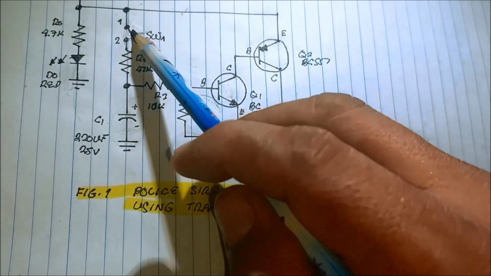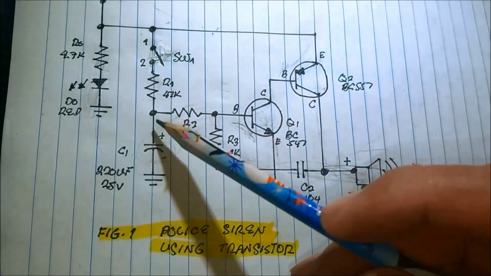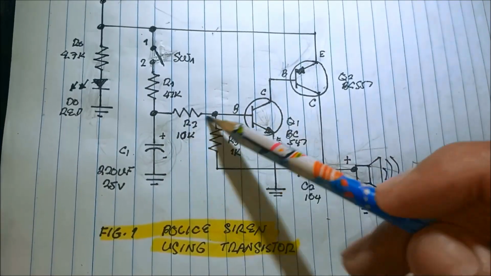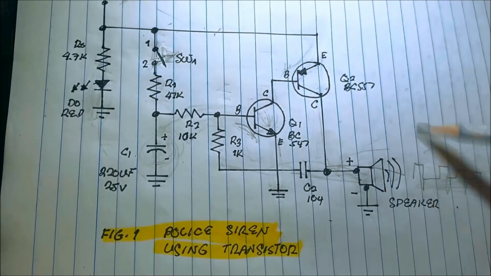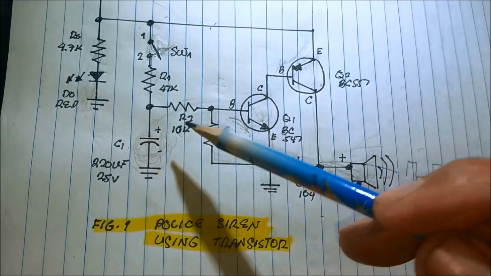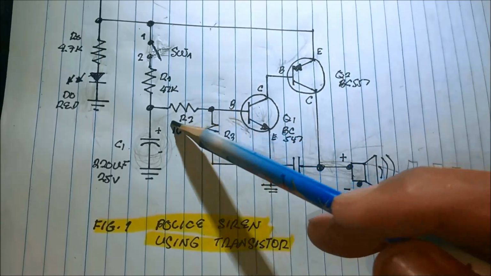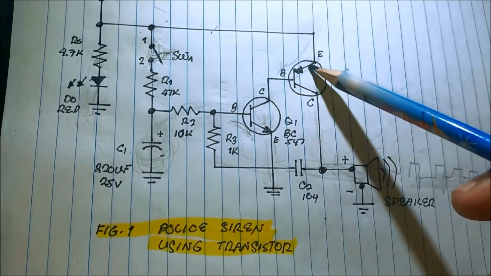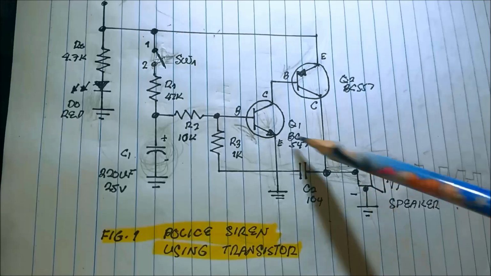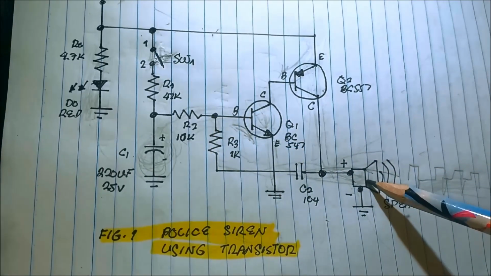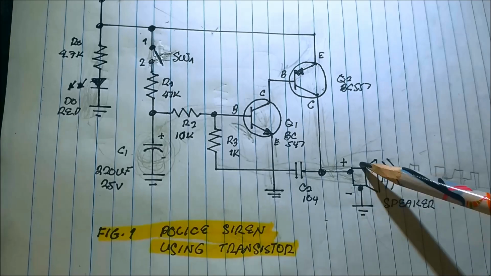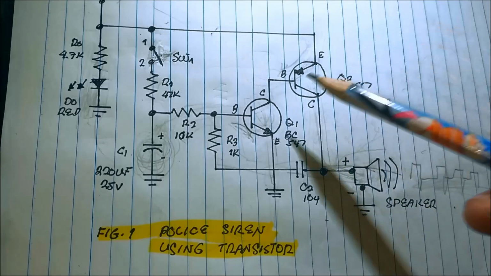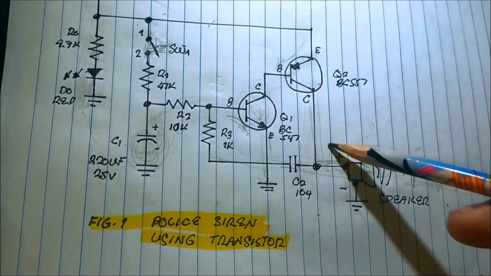When you release the switch, the sound will slowly fade out, because this capacitor will serve now as the power supply to the whole circuit, causing this transistor to turn on to make the speaker sound fade out, slowly fading out the sound.